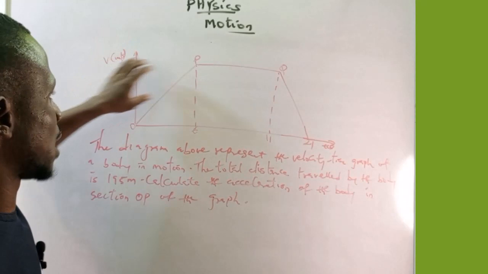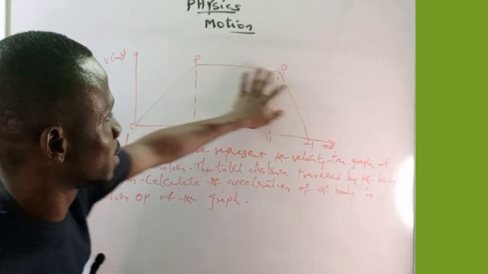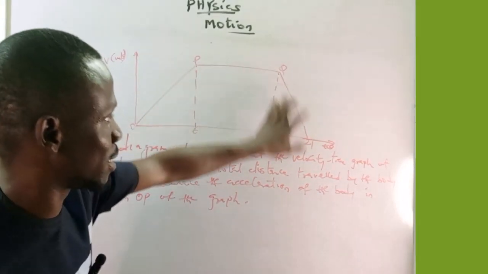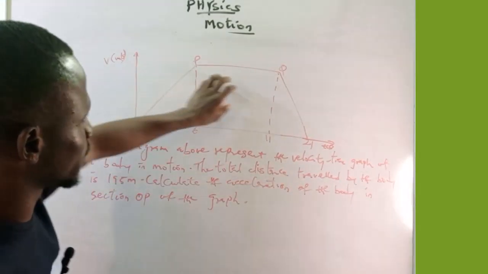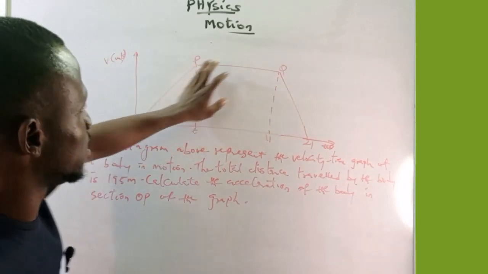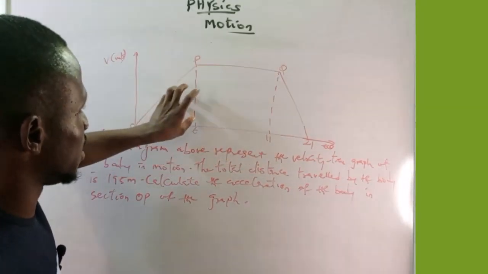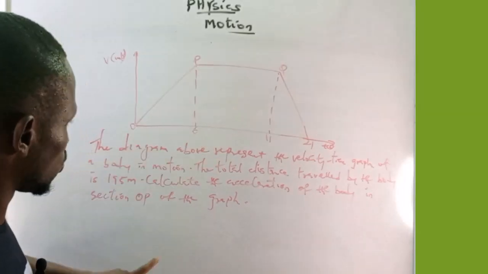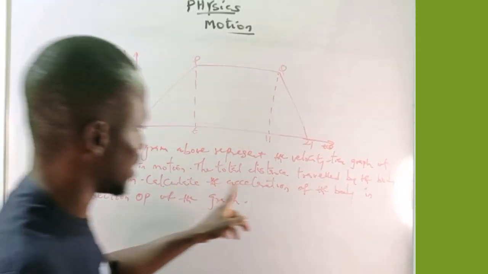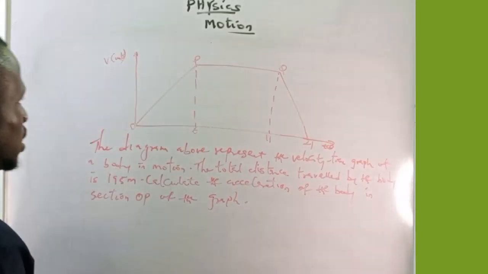If you have a velocity time graph, the total distance traveled by the body is the area under the graph. If you calculate the area of this trapezium, which is the area under the graph, it's going to give you 195. Then calculate the acceleration of the body, not deceleration.